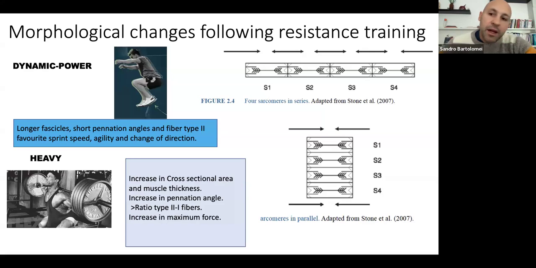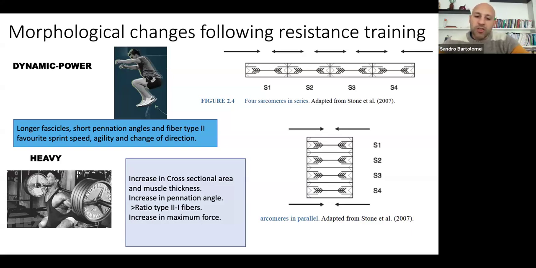However, the left portion of the load-power-force graph that we just analyzed may not be improved so much, because we may experience an increase in cross-sectional area that is actually good for power, but also an increase in pennation angle that is not always good for power.